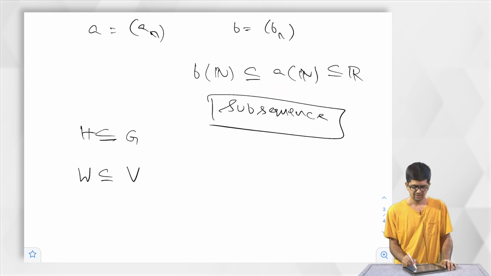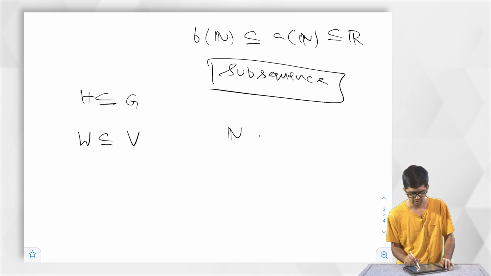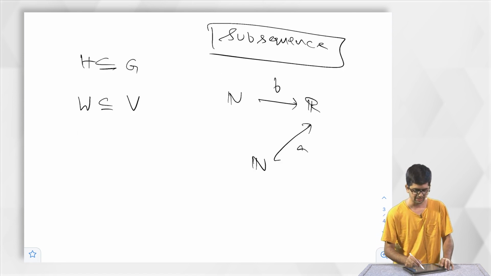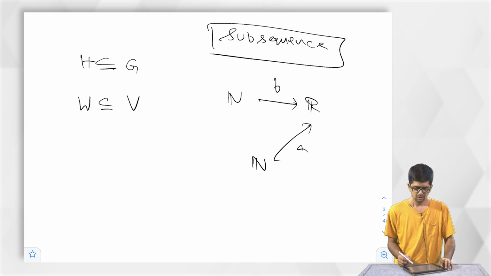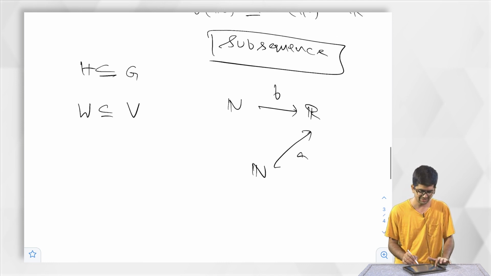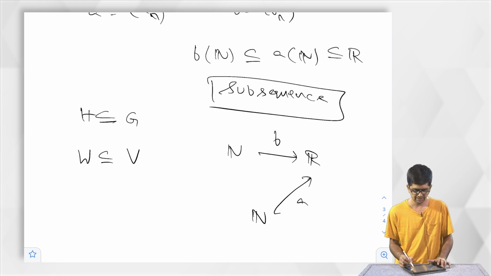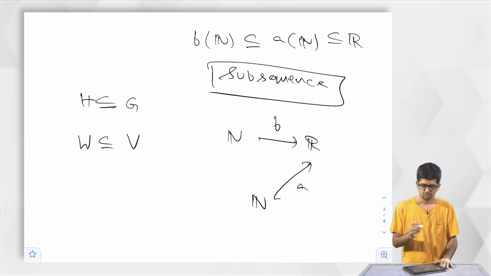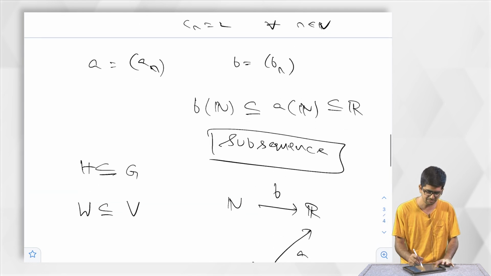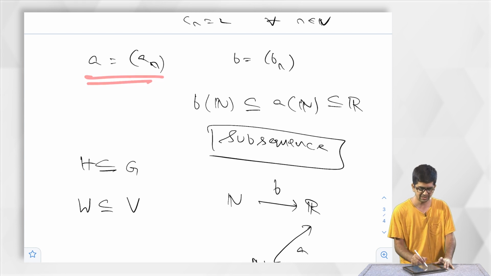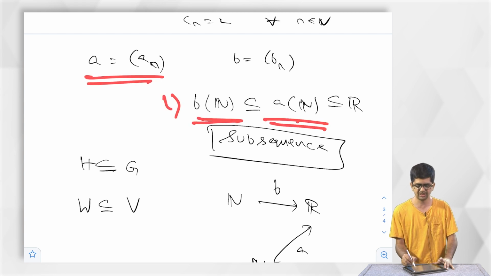Image of A contains image of B. So let me write down N to R as B, N to R as A. Now see, this condition says the image of B is contained in the image of A. So for a sequence B to be called a subsequence of A, the first condition is that the image should be contained in this.